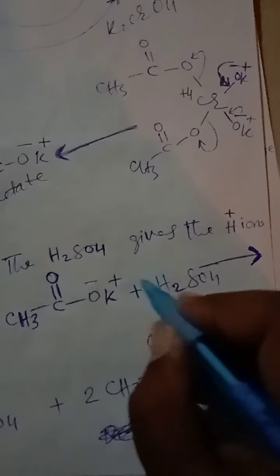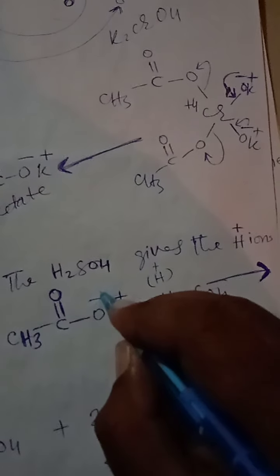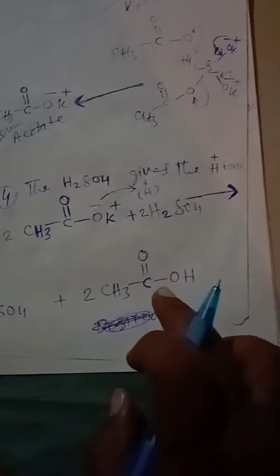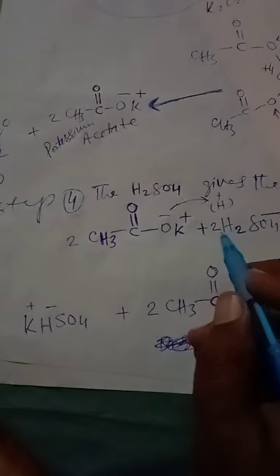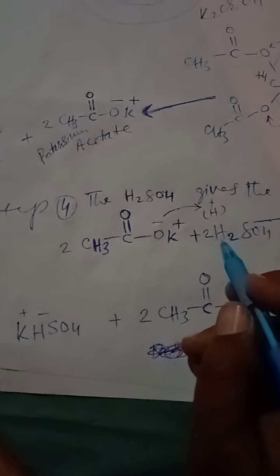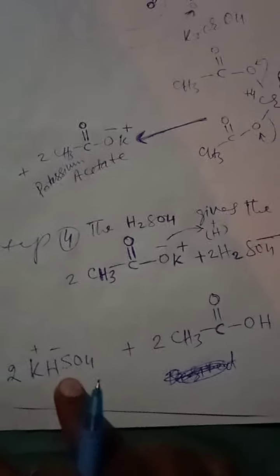The protons given are absorbed by the acetate ion, and give 2 carboxylic acid molecules. One molecule gives one HSO4 ion, and two molecules give two. Hence, 2 potassium bisulfate KHSO4 is produced.